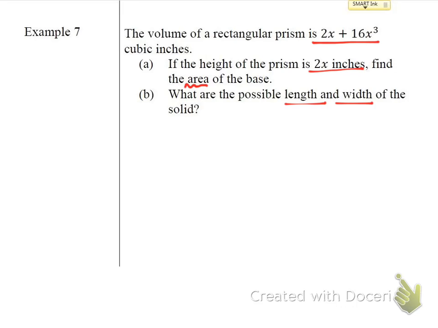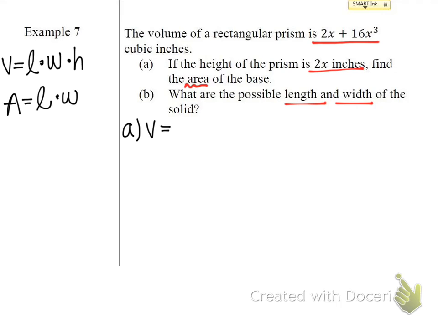So remember, like we talked about yesterday, volume is equal to length times width times height. And area is equal to length times width. So we could also say that volume, in part A, is equal to the area times the height, because I can substitute area in for length and width since they're the same.